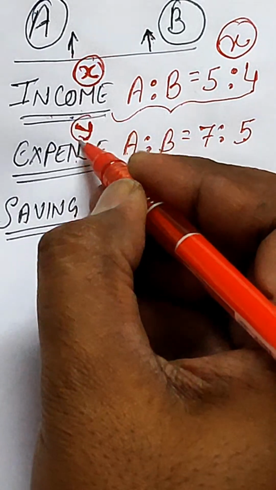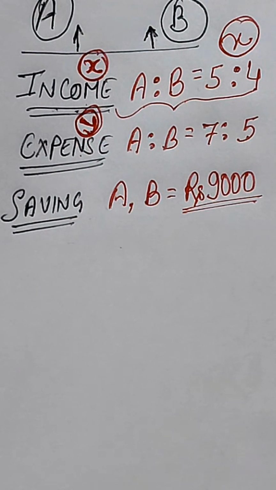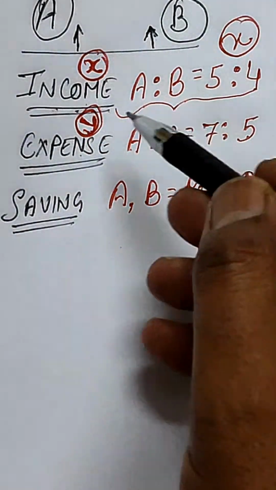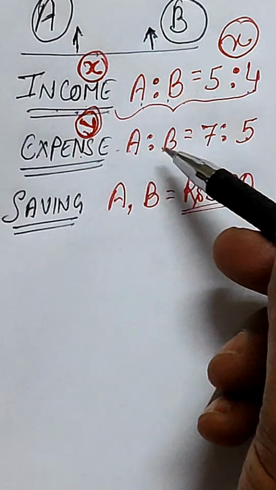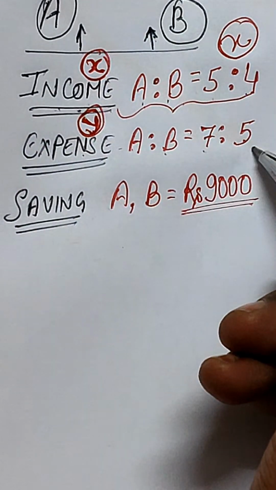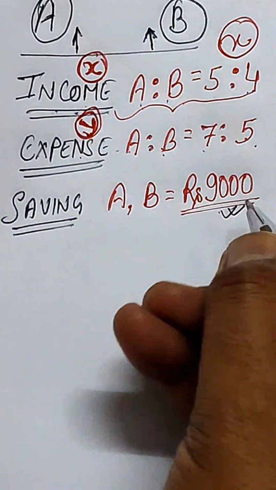Now let us see how we will write the equation. The income of A and B is in the ratio 5 is to 4, expenses in the ratio 7 is to 5, and each of them is saving 9,000.